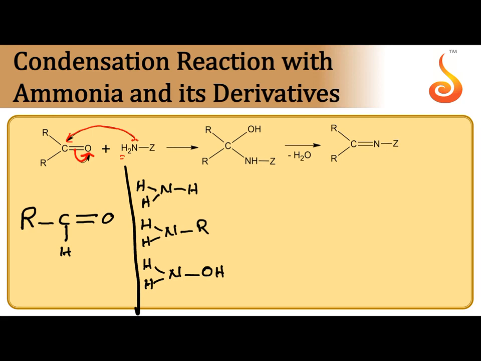It takes one of the hydrogens present at nitrogen. So totally H and NHZ: H goes to oxygen, NHZ goes to carbon. This is nucleophilic addition reaction, since through the lone pair the nucleophile attacks at the carbonyl carbon.